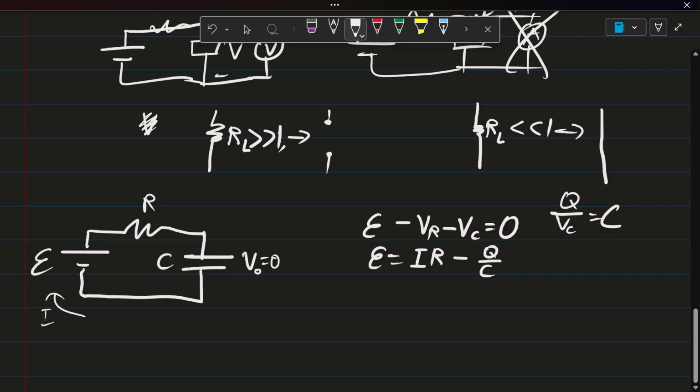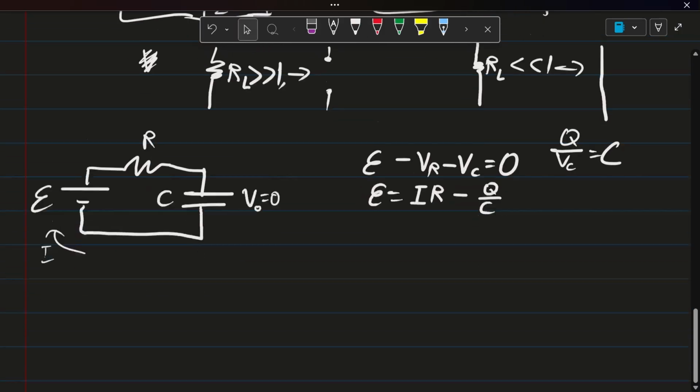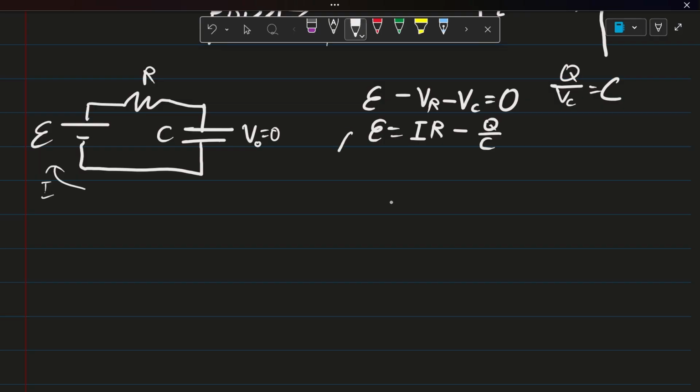Now, it might seem that it doesn't really work, right? But if you just take the derivative of this, d over dt, well, this E here I'm going to assume to be a constant anyways.